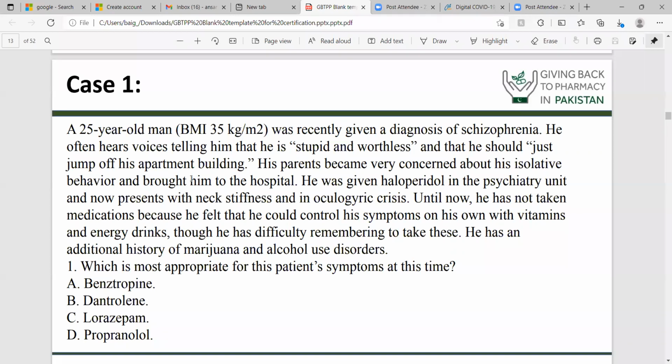We are not going to choose the one that is going to increase weight more. Also, one of the side effects of these antipsychotics is an effect on blood sugar. So if the patient is diabetic, we also have to choose very carefully.